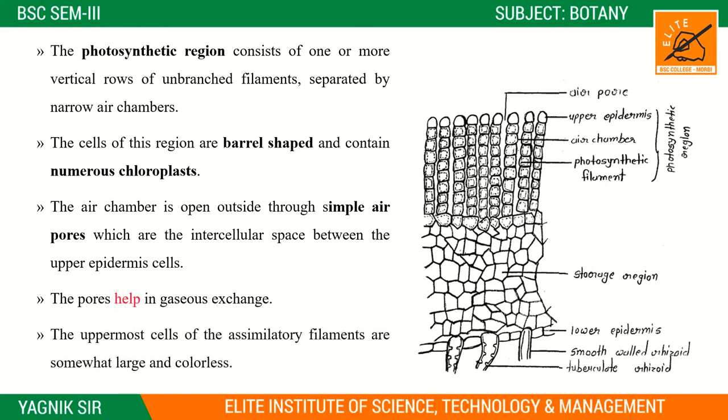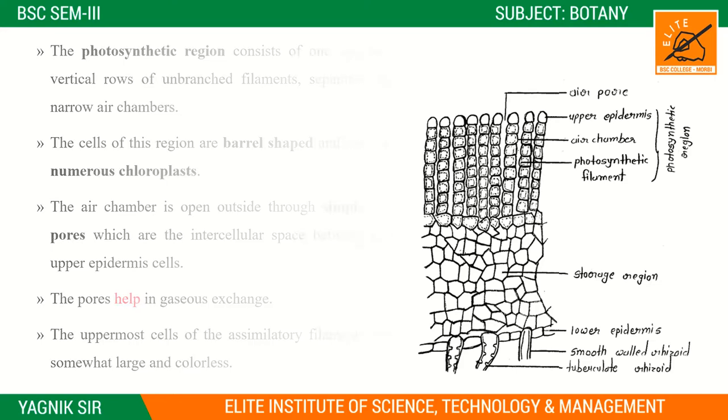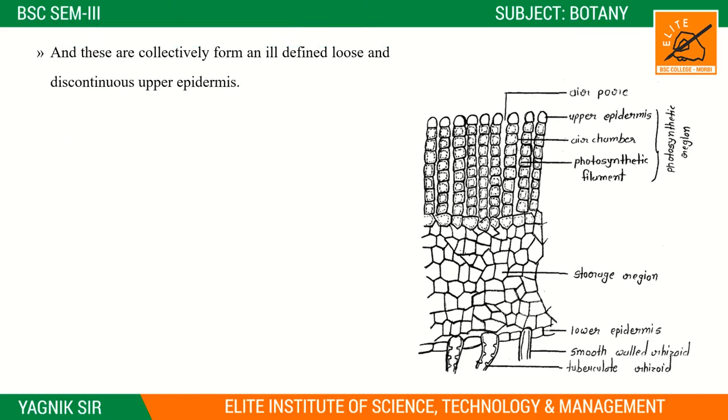The uppermost cells of the assimilatory filaments are somewhat large and colorless. Right? I am talking about the cells on top. And these collectively form the loose and discontinuous upper epidermis. Why discontinuous?